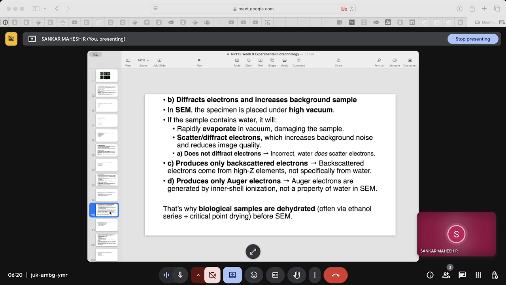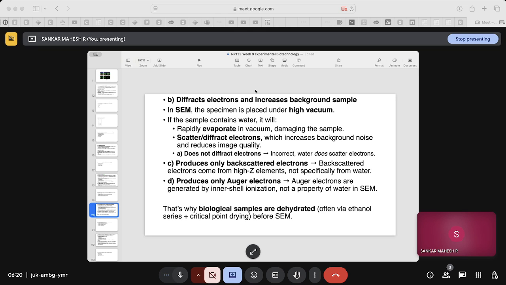So if we look into this, in the scanning electron microscope, first we have the specimen in vacuum. Even if we have the sample with water, in the low pressure the water on the sample will vaporize, and it will vaporize non-uniformly in a way that it can damage the sample.